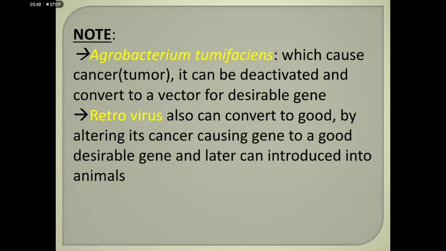Such a process of converting non-pathogenic organisms into pathogenic and dreadful organisms is known as constructing of bioweapons. And a retrovirus also can be converted to good by altering its cancer causing gene to a good desirable gene, and later can be introduced into animals.